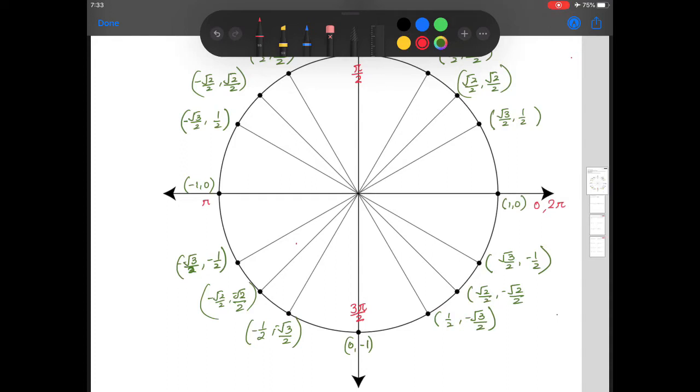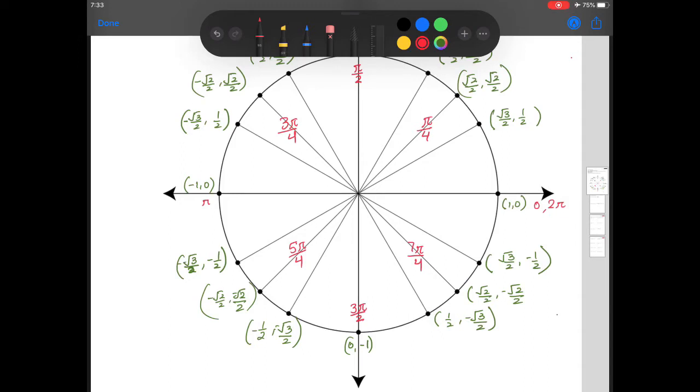So now, what's half of pi over 2? Pi over 4. So I'm going to do all my quarters in each quadrant. So this is 1 pi over 4, 2 pi over 4 simplifies to pi over 2, this is 3 pi over 4, 4 pi over 4 becomes pi, this is 5 pi over 4, 6 pi over 4 simplifies to 3 pi over 2, and then 7 pi over 4. 8 pi over 4 is 2 pi, right?